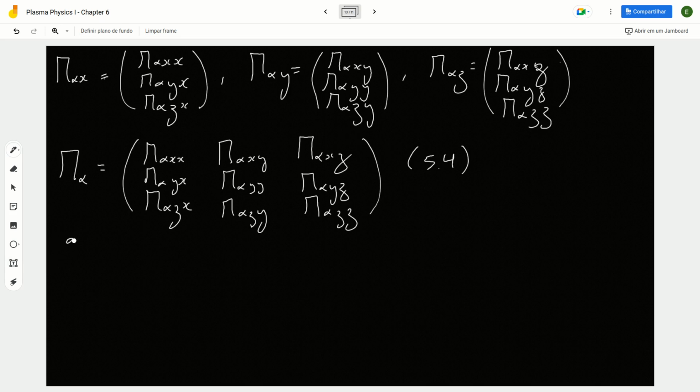Sometimes they write it like this. Sometimes they do it like this: xx, and each component is given explicitly, and you have xy. This is confusing for me, I don't like it, but I'm just putting it here for you to know.